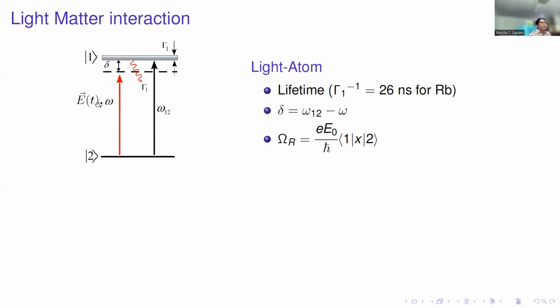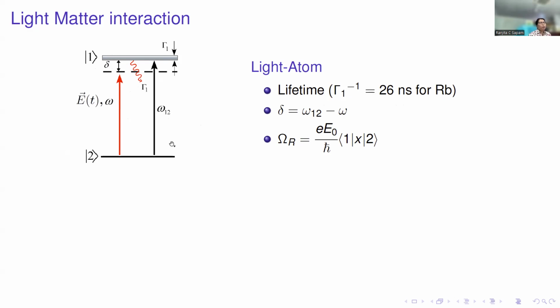But when my laser interacts with the atoms, the atom has a lifetime in the excited state. For example, for the P 3/2 state, the S to P transition of rubidium, the lifetime in the excited state is of the order of nanoseconds. The detuning is the difference in frequency between my laser and the frequency of the energy separation between these two levels.